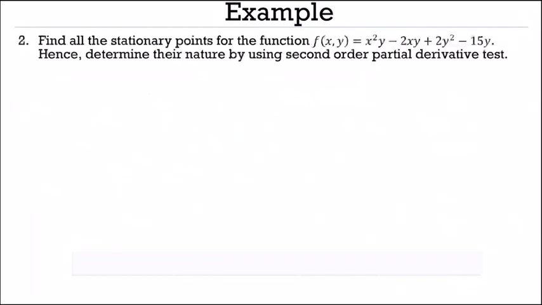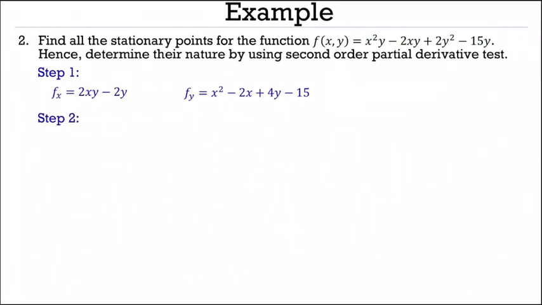In this example, we want to find the stationary points and determine their nature. So the first step is to find the first-order partial derivative with respect to x and y, where f sub x equals 2xy minus 2y and f sub y equals x squared minus 2x plus 4y minus 15. Then, let both partial derivatives equal 0.